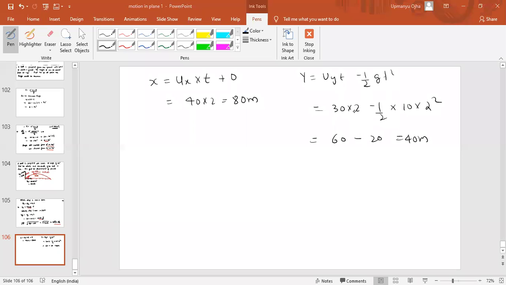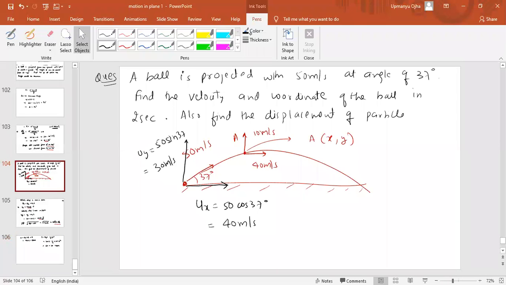Just tell me any mistake I have done anywhere. Is this correct or not? 80 and 40. Yes, fine. So the coordinate x comma y we are getting here is 80 comma 40 meter. So we found the position, or the coordinate, of the ball.